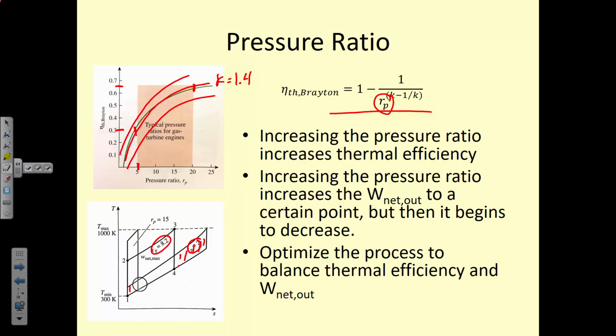So you can see that it increases as we go from 2 to 8.2. Okay, that's a larger area. However, when we go from 8.2 to 15, it decreases again.